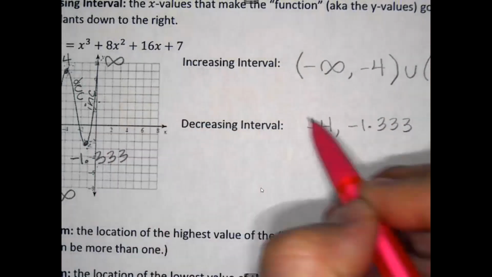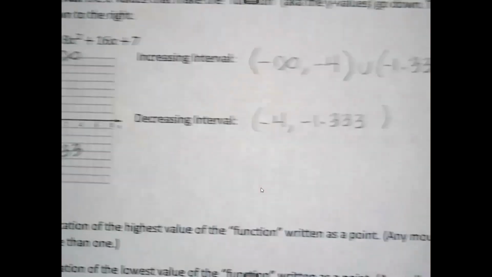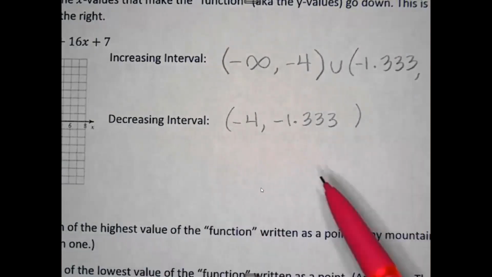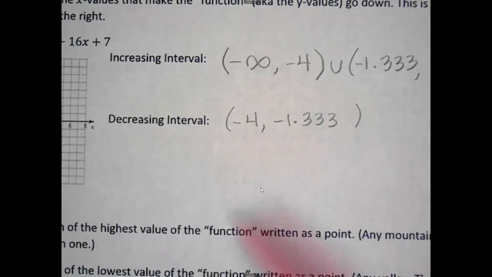No. So we're going to just put parentheses on both of those. And one thing I've said about increasing and decreasing intervals is if you always want to put parentheses in there, you will always be marked correct. You don't ever have to worry about putting a bracket, even during the times when it's okay to put a bracket. So if you just always want to put parentheses and never worry about it, that's totally fine.